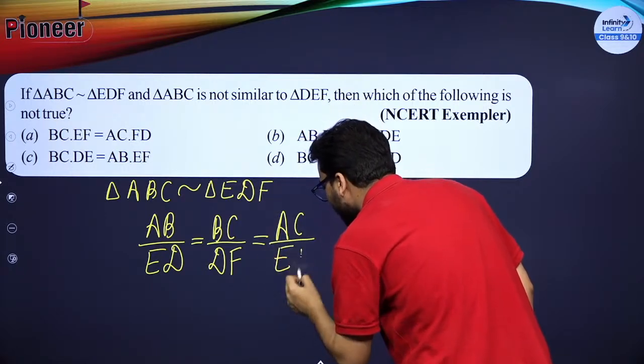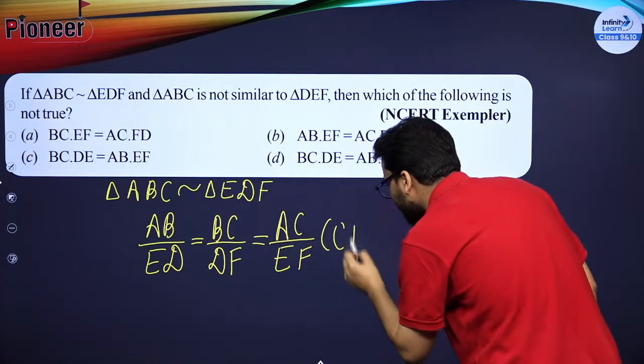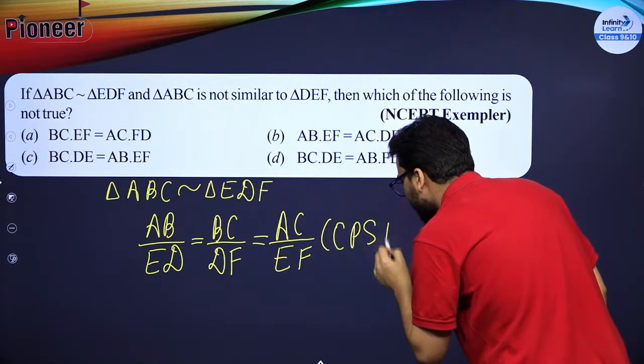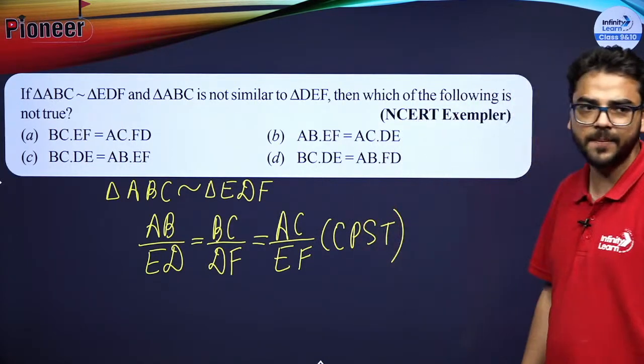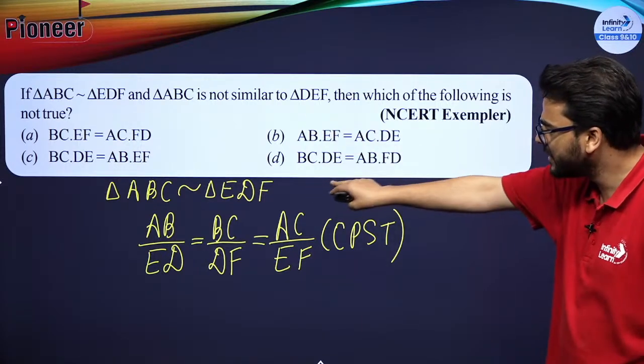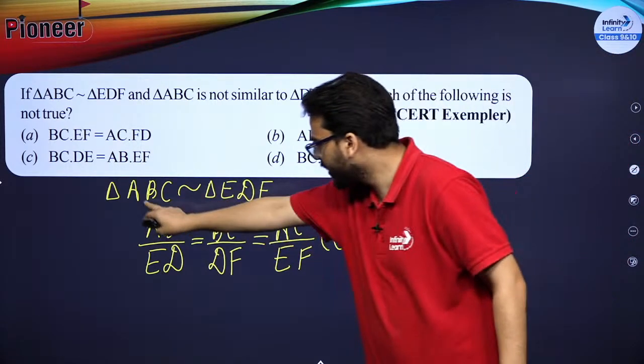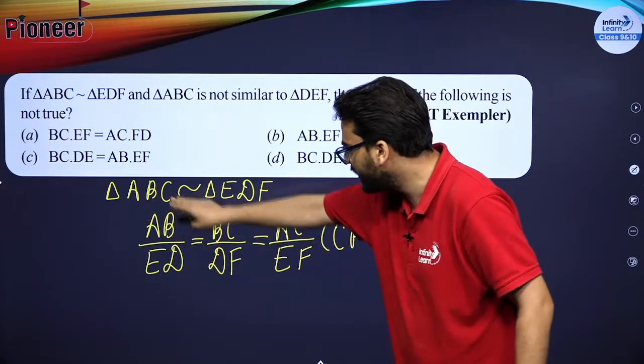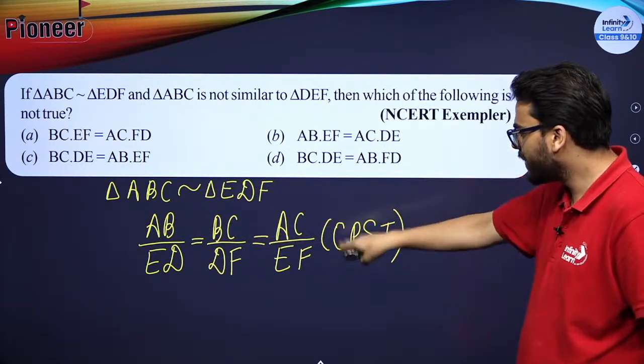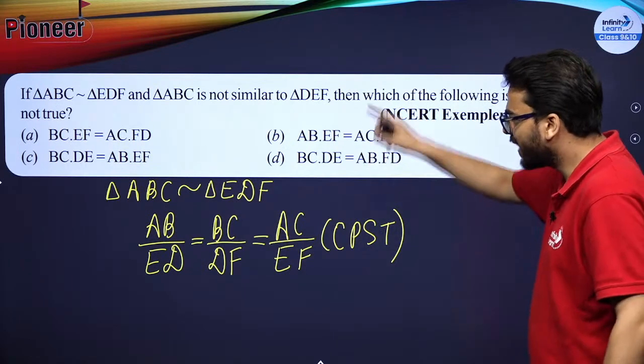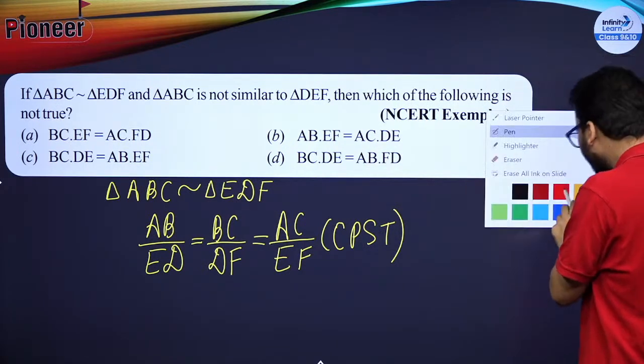Corresponding parts of similar triangles. Can I write CPST? If the triangles are similar, then ratio of corresponding sides will be equal. So you see ABC is similar to EDF. So let us check it once again. AB by ED, BC by DF, AC by EF. That is correct. So you have to select out of the given options which one is not correct.